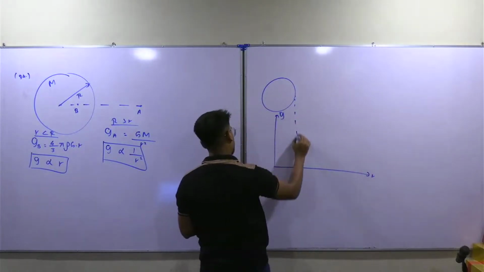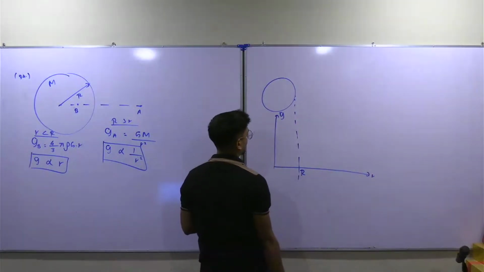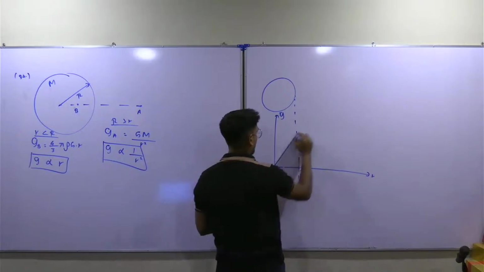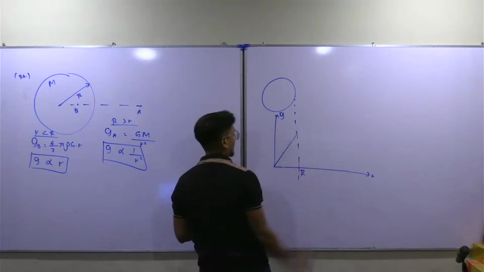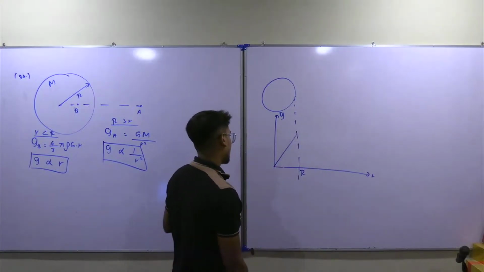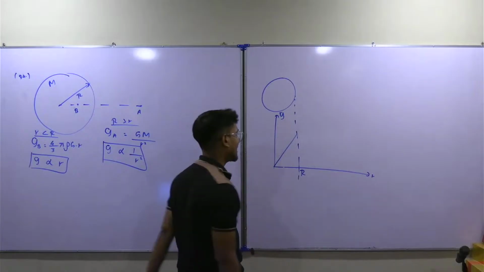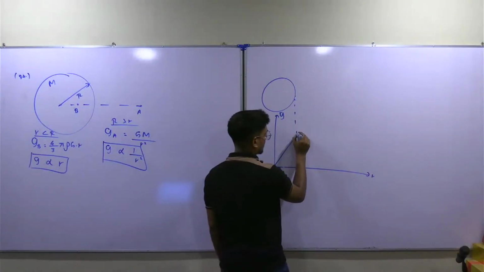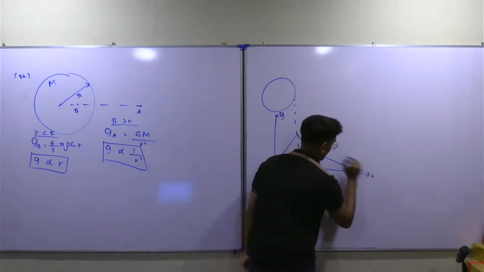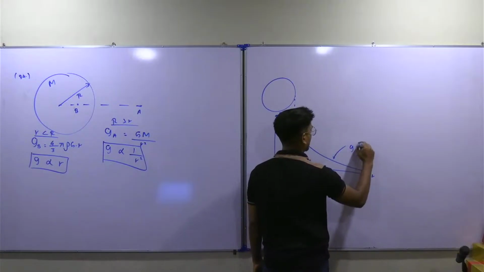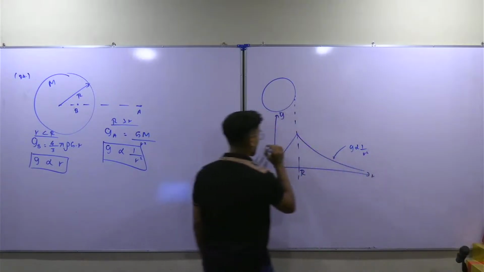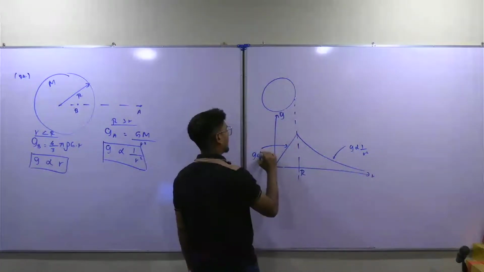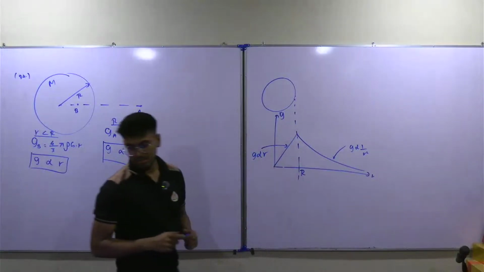This is capital R, the radius of the planet. From there to there, inside the sphere, the gravitational field strength varies linearly. And outside the sphere, it is like this: G is inversely proportional to r square. Here, G is directly proportional to r.